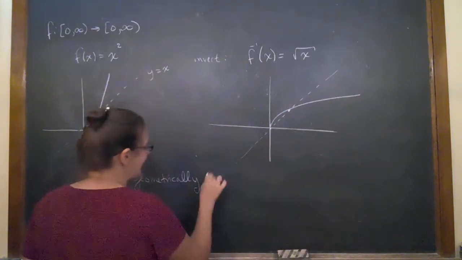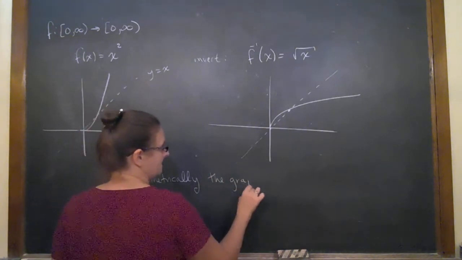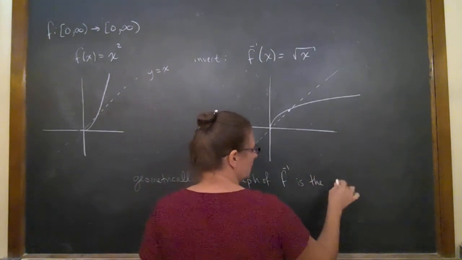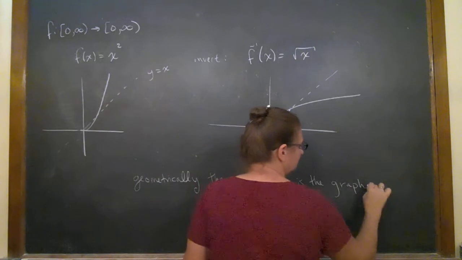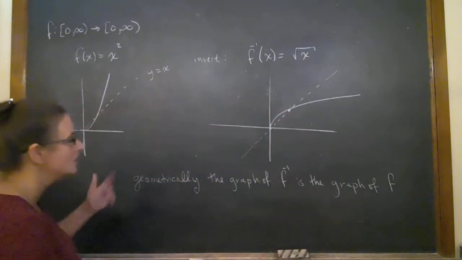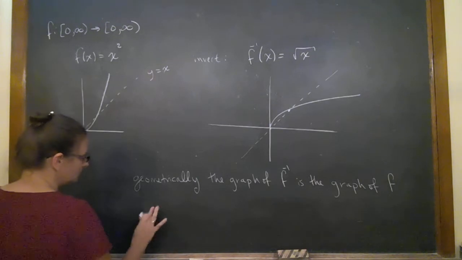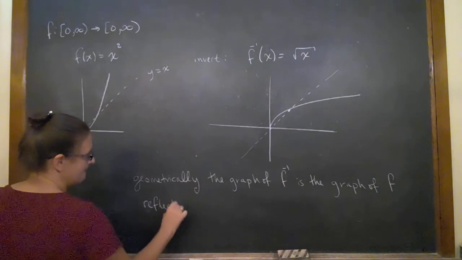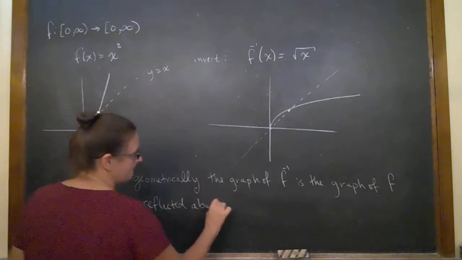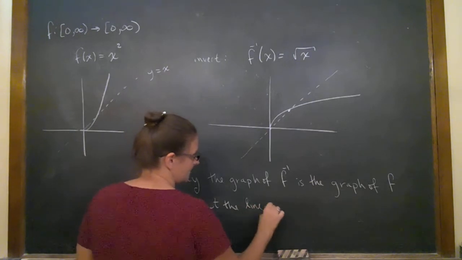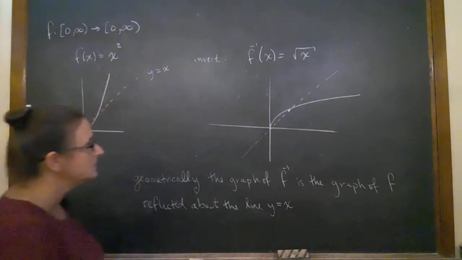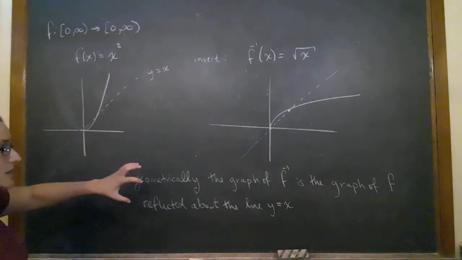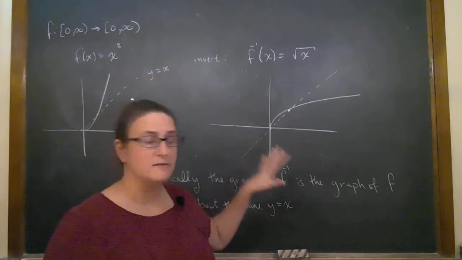Geometrically, the graph of f inverse is the graph of f reflected about the line y equals x. Okay? And that makes sense. Geometrically, it makes sense because of what we're doing when we figure out what the inverse is.